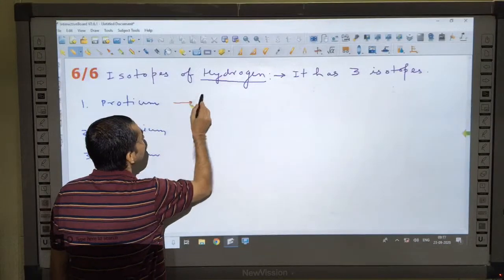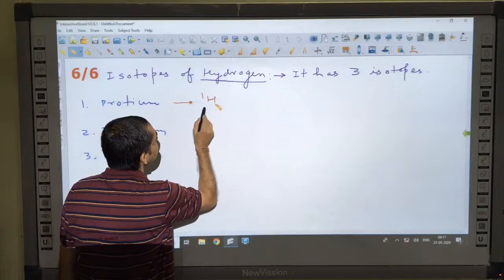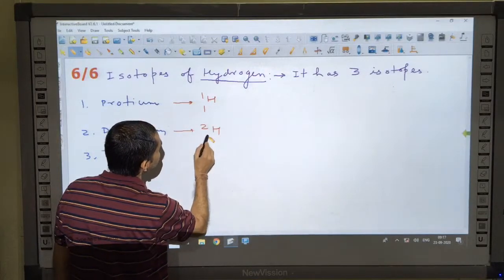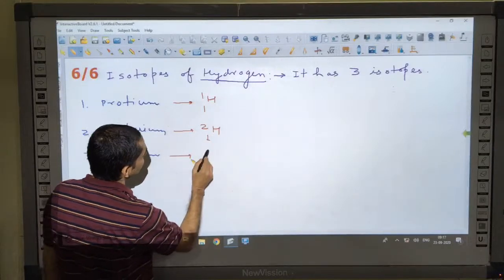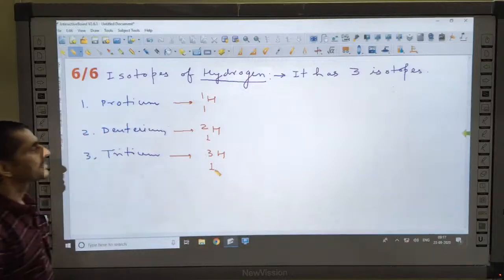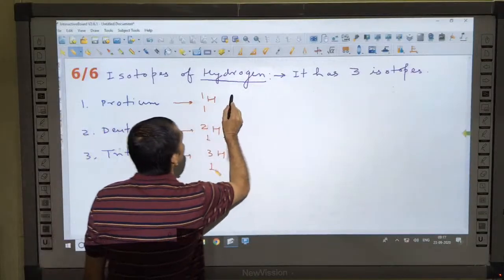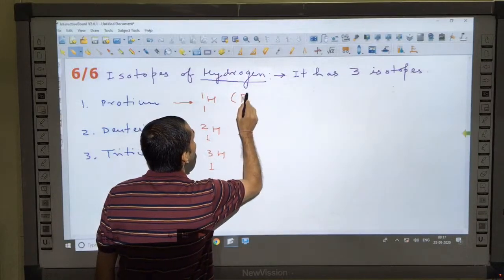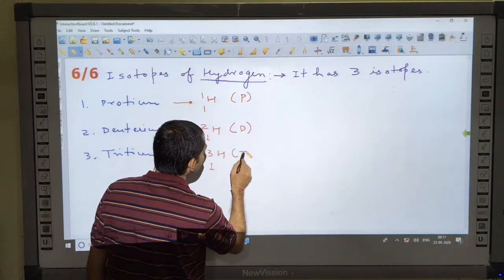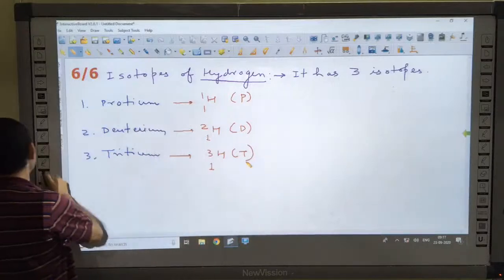Protium is represented as 1H1, deuterium 2H1, tritium 3H1. You can write this as P, this as D, and this as T, tritium.